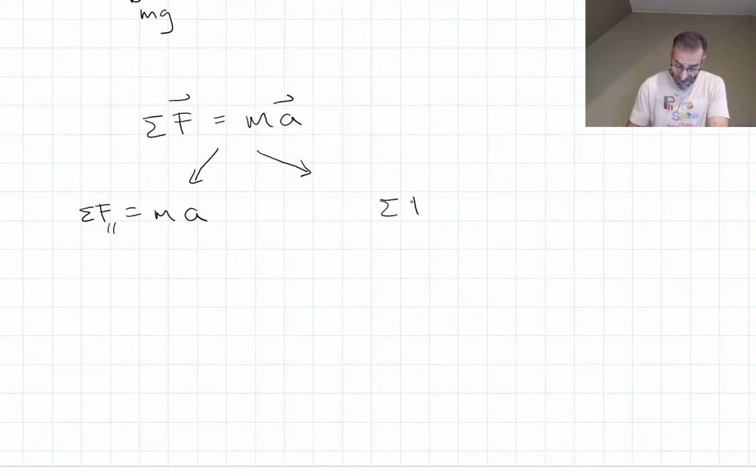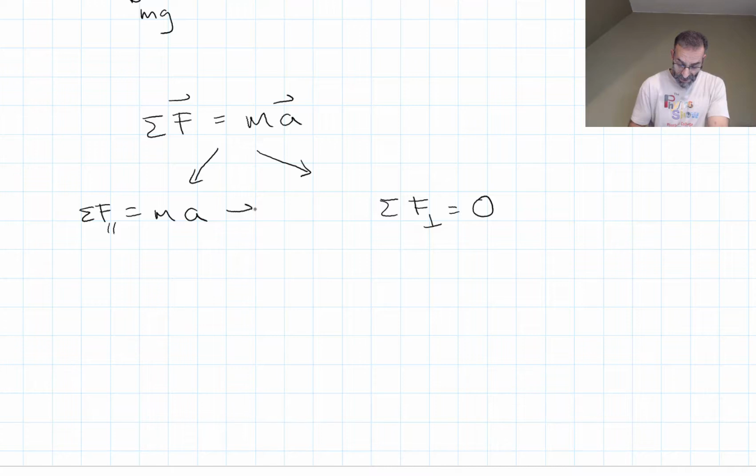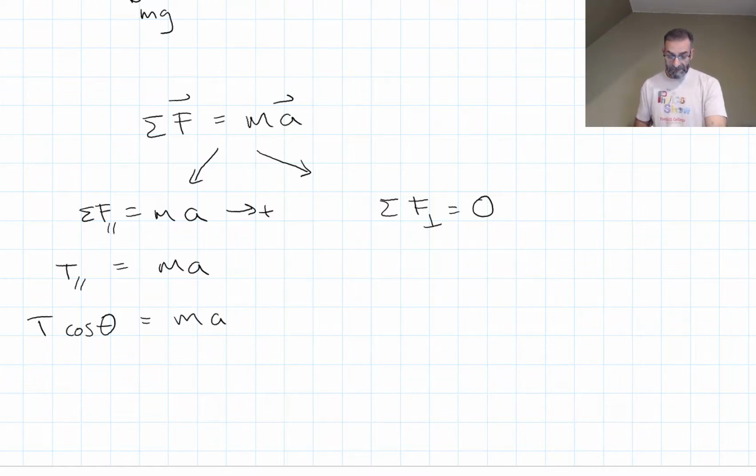And the sum of the forces perpendicular to the acceleration has to be 0. There is no acceleration in that direction. That's why we've aligned our coordinate system this way. So that would be my positive direction, and I get T parallel equals ma, or T cosine theta is equal to ma.